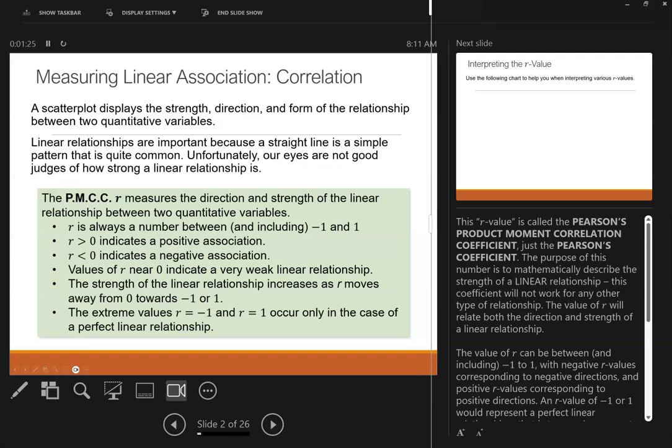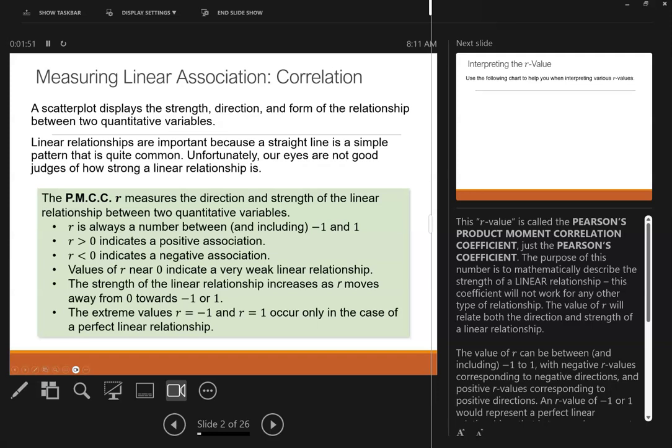This statistic R gives us a measurement of the direction and strength for linear relationships. So facts about this statistic R: it's always a number between -1 and +1. Positive values of R imply a positive association. Negative values, negative associations.